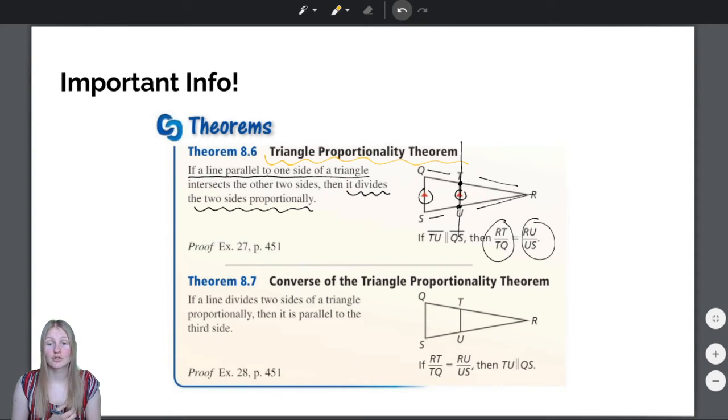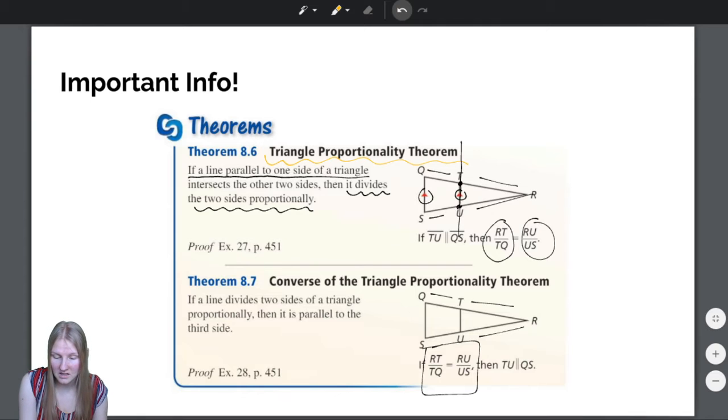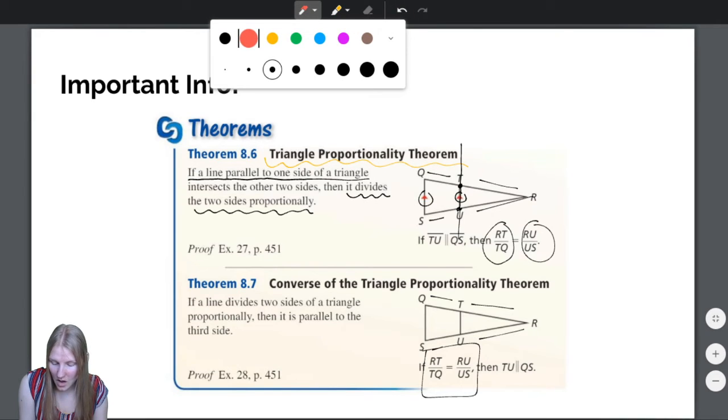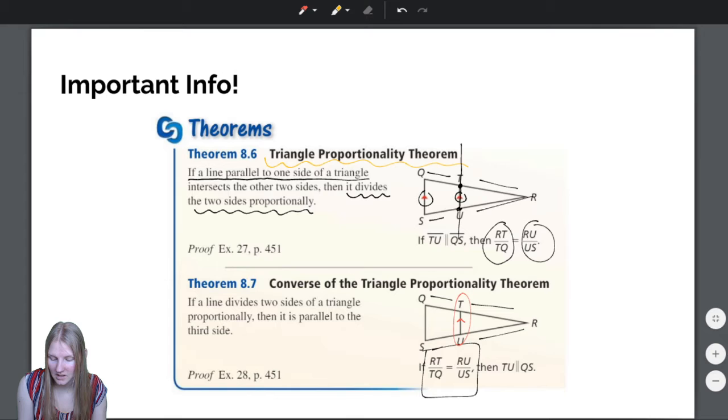The converse says the opposite. If we have that the ratios of the side lengths are equal, well then we know that this segment that's creating these lengths, because it intersects the triangle at these points, must be parallel to the third side.